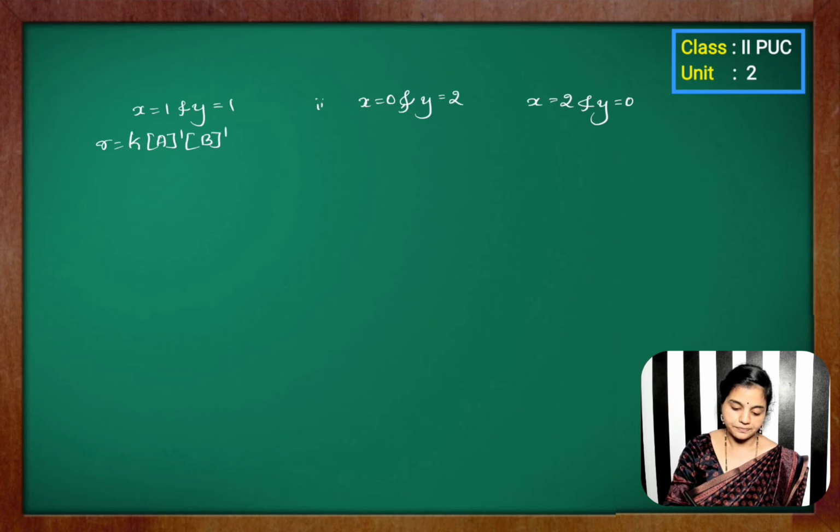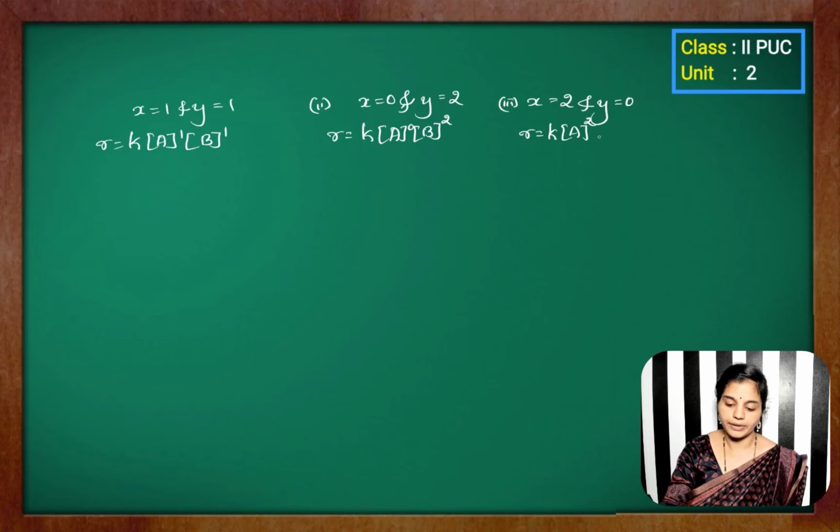Second case, rate is equal to K into concentration of A raised to 0, concentration of B raised to 2. And in the third case, we have rate is equal to K into concentration of A raised to 2 into concentration of B raised to 0.